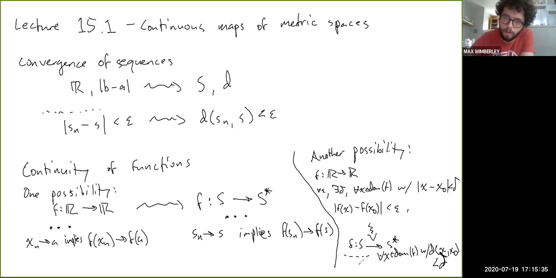We have d of f of x, f of x naught is less than epsilon. Okay, so it's a little bit cramped, sorry.